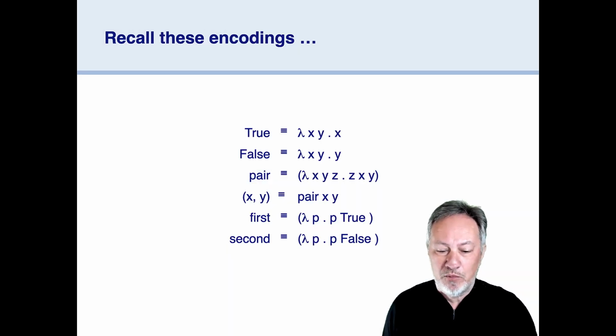Remember, last week we had a quick look at the following encodings. We can model Boolean values, true and false. Each of those simply takes two arguments and returns either the first or the second of those. We could model tuples, or pairs of entities, as functions that encapsulate these values and pass them to any function that wants them.